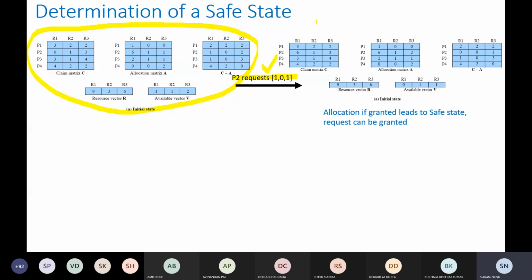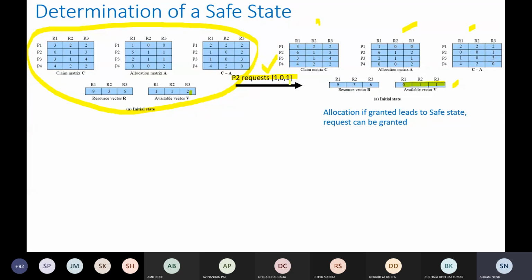The claim matrix is fixed, it does not change. The resource vector also never changes, so the change can take place only after a request is satisfied or a process completes, in the allocation matrix, C minus A, and the avail vector, right? So if I assume that P2 has been granted this, the avail vector will be 1 less, 1 gone from this, 1 gone from this, and this becomes 0 1 1, right?